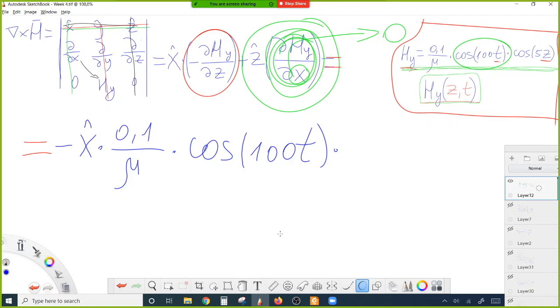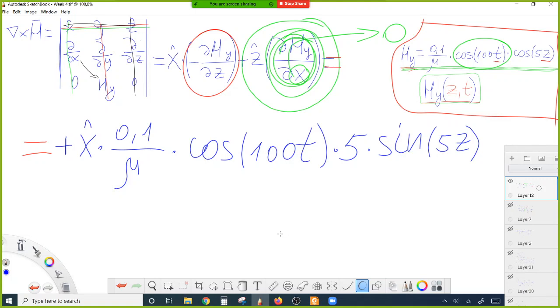Now if we take the derivative of cosine 5z with respect to z, it is minus, okay, here 5 multiplied by minus sine 5z. This minus and this minus give us plus sine 5z.